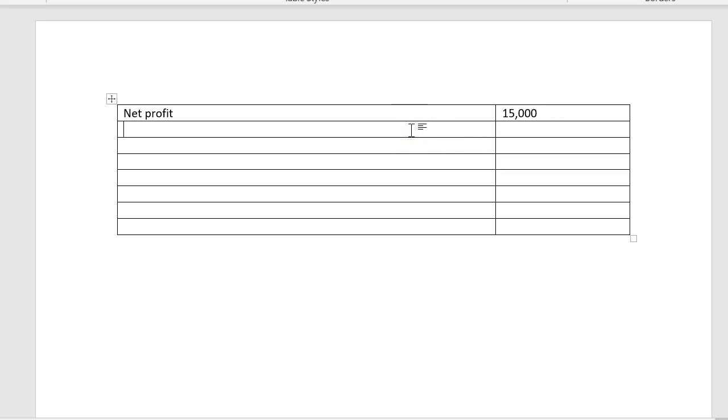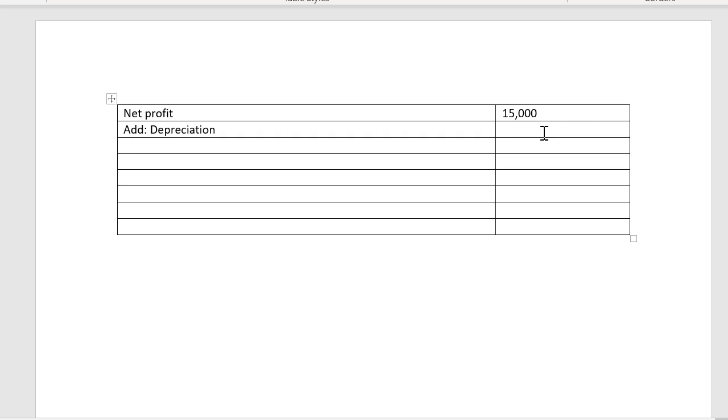Then you need to take non-cash expenses and revenue. There is one non-cash expense, which is depreciation. You always need to add depreciation. Depreciation is highlighted in bold under expenses, less expenses including depreciation of 16,000, so you need to add that.